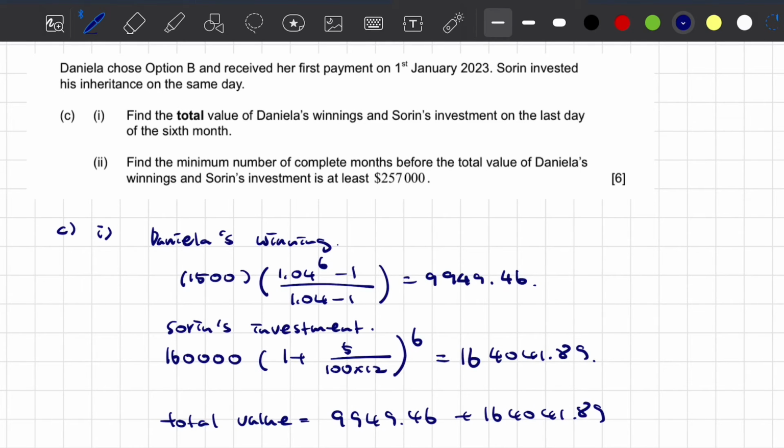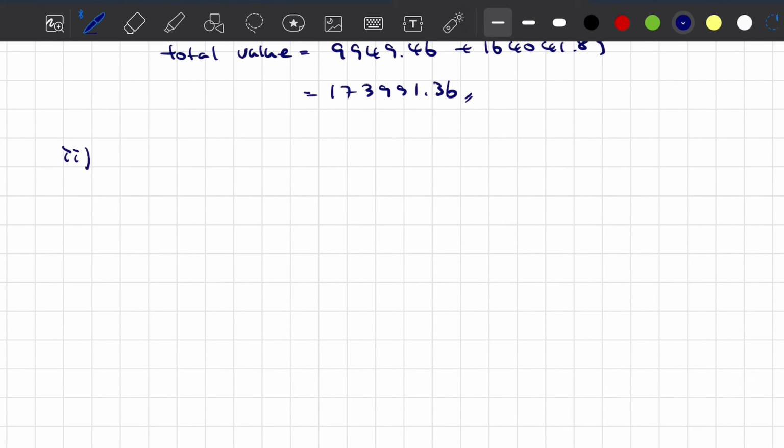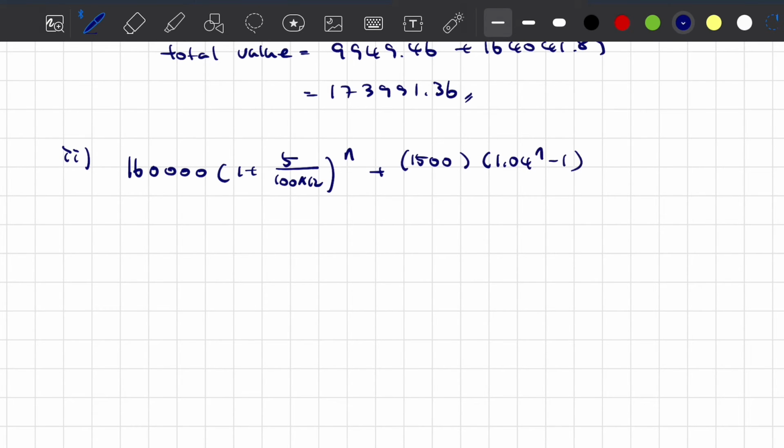Then for CII, we need to find the minimum number of complete months before the total value of Daniela's winnings and Soren's investment is at least this much money, right? So when we add their winnings, but the month is unknown, we can write our equation just like this, and it's greater than or equal to this value, right?